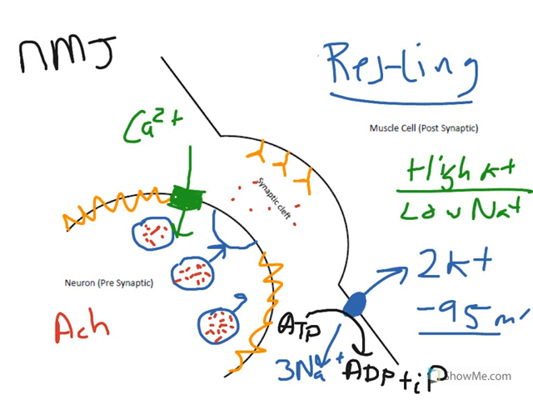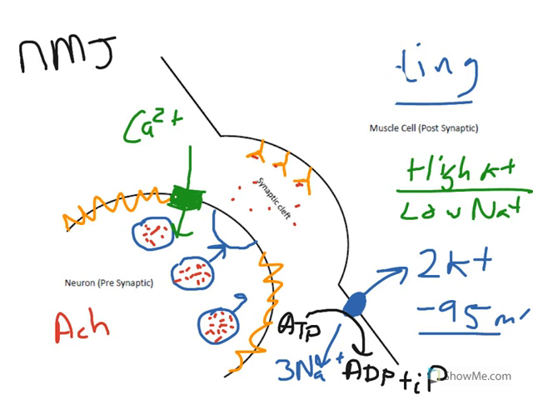So this is exocytosis, the release of neurotransmitter. They come across the synaptic cleft, and it will bind to a nicotinic acetylcholine receptor. Now, when nicotinic acetylcholine receptors are bound to, this is when things get interesting.